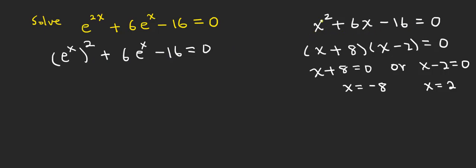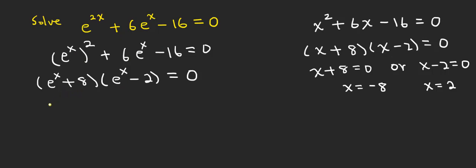If you let x equal e to the x, this is very similar to this. So what we're going to do is factor this. So you get quantity e to the x plus 8 times quantity e to the x minus 2 equals 0. You might want to pause the video and see why, when you factor this, you get these two factors.